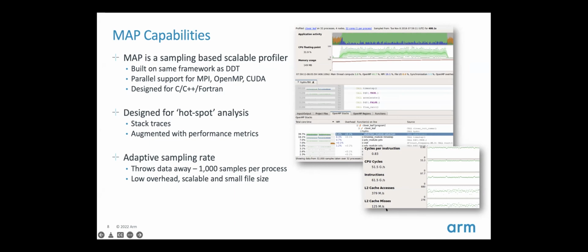It does the hotspot analysis for you, much like what you would expect from any profiler. So your top subroutines and functions will be identified, and then you'll get a full stack trace. When you highlight any of the applications, you can get a simple drop down of what's happening, and you can customize this list to tell you whatever you need.